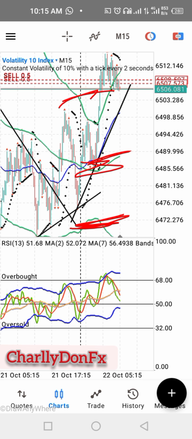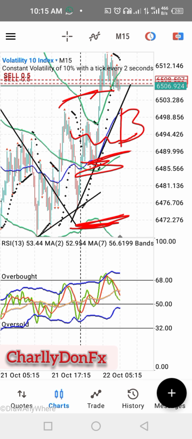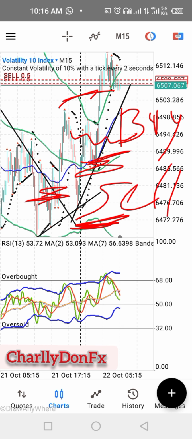Whenever price is within this region, be expecting to buy. And whenever price is within this region, be expecting to sell. It's as simple as that, guys.